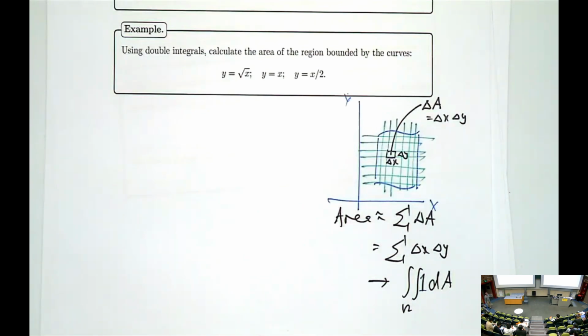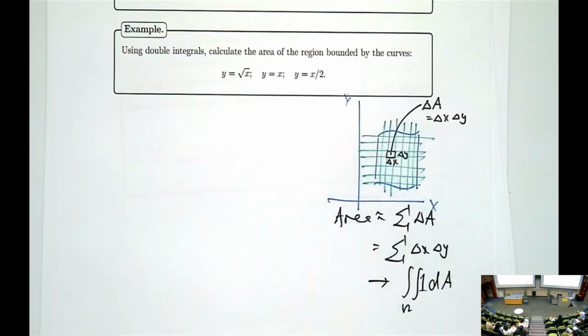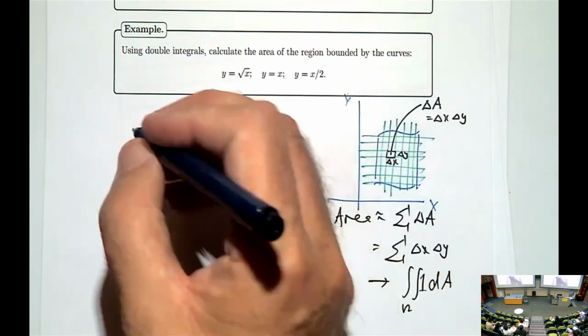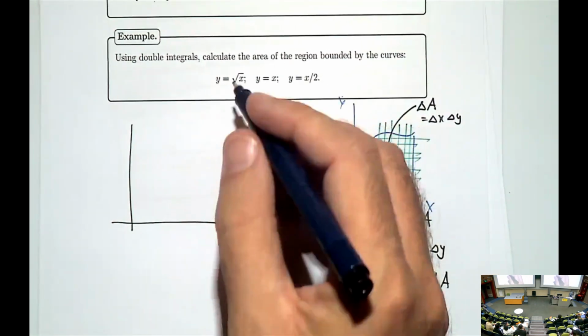So what about this one? You can do this using high school maths, but let's see how we can do it using double integrals. So, using double integrals, calculate the area of the region bounded by these curves. I'm just going to draw in the curves. I've got x on 2 and root x.